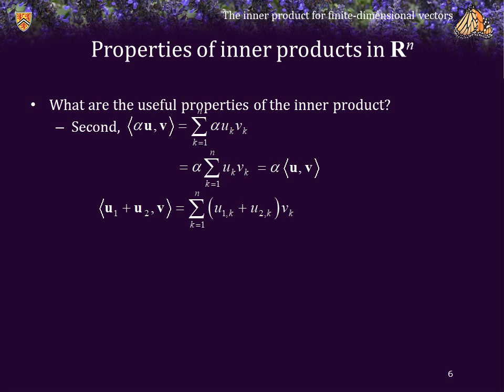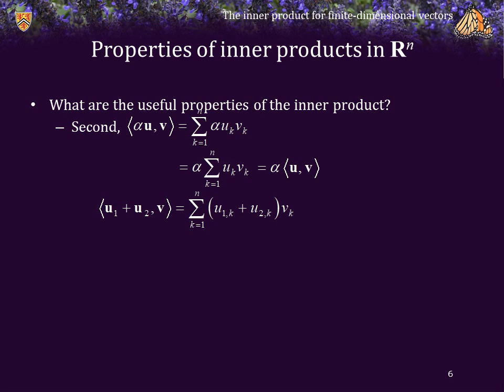Nice. Similarly, if I have a sum of two vectors in the first operand, then recall that the entries of this sum are just the sum of the corresponding entries in the two vectors. So therefore, the first entry of this sum is the first entry of u1 plus the first entry of u2.